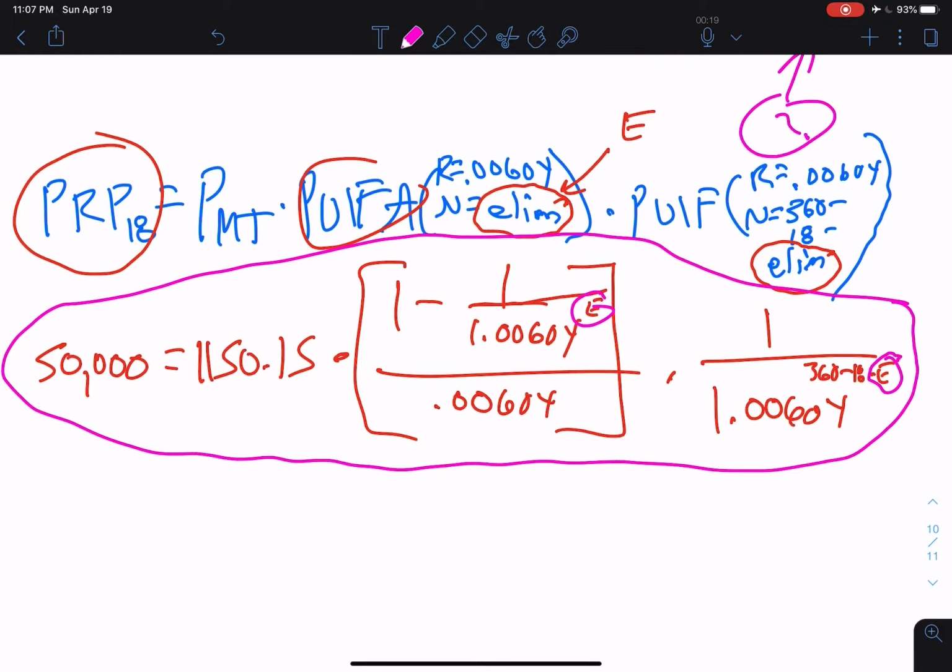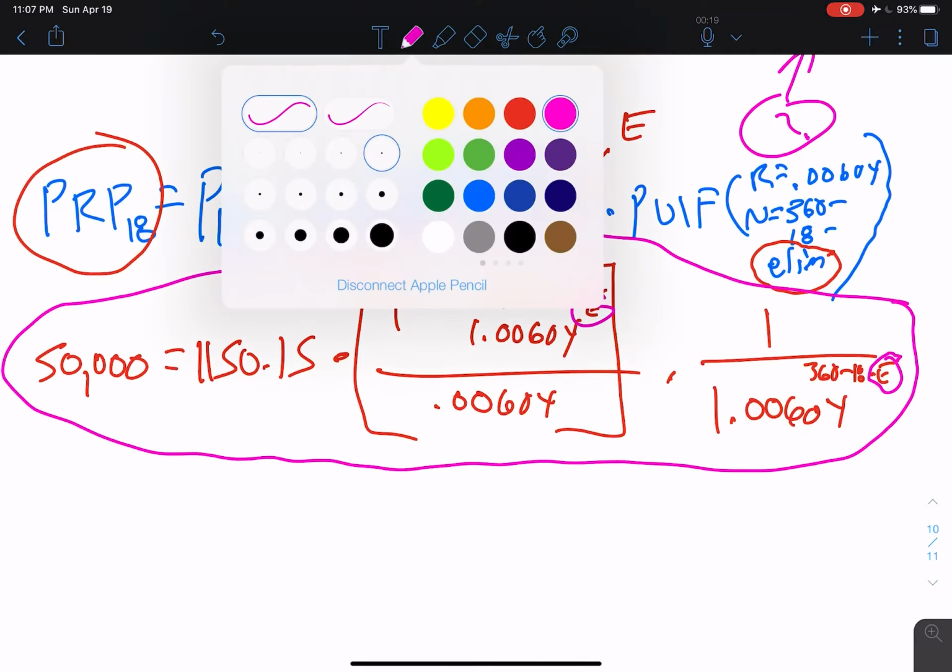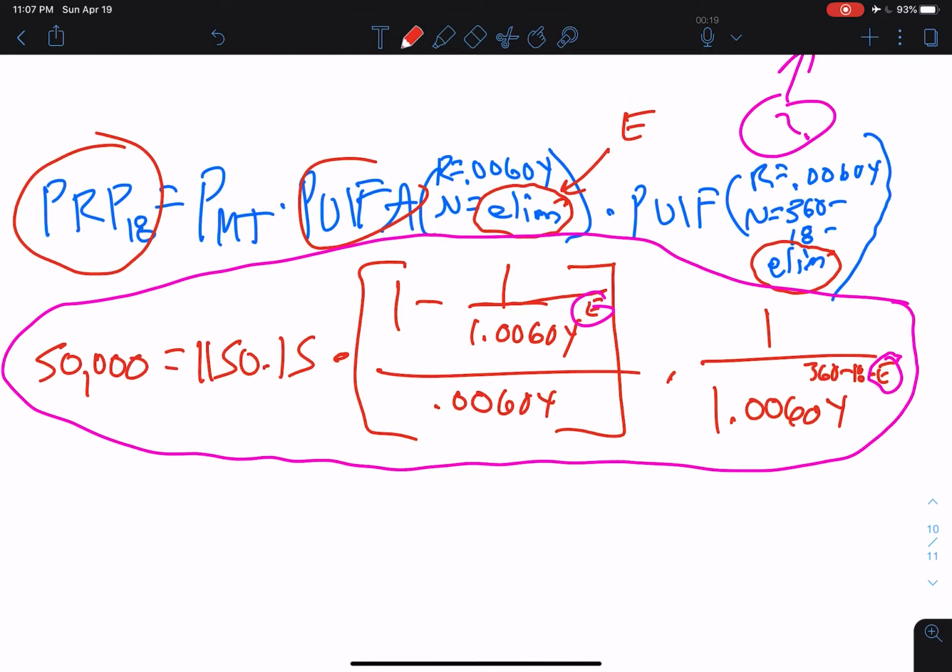Okay, so this is a nice algebra review. Let's start off by multiplying both sides of the equation by 0.00604.